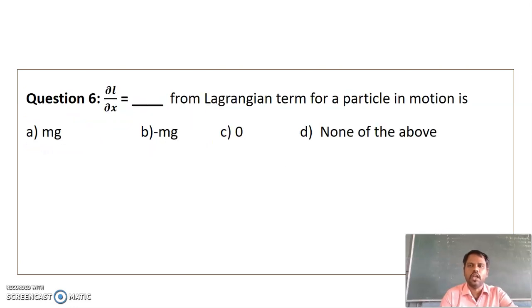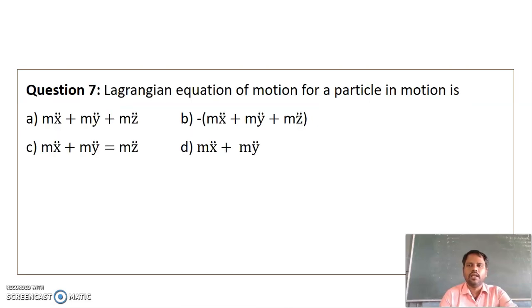Question number 6. Dou L by dou x is equal to, we see that the Lagrangian is independent of x, so dou L by dou x will be equal to 0. So the option is C. Question number 7. The Lagrangian equation of motion for a particle in motion is m x double dot plus m y double dot plus m z double dot.